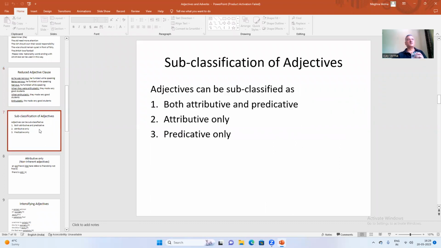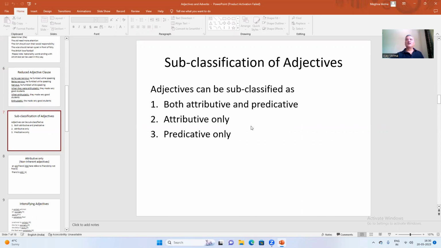Now next we come to sub classification of adjectives. We have already seen that adjectives can be subclassified as attributive and predicative. Now, on this basis, we can say that there are adjectives which can be both attributive and predicative. There are adjectives which are only attributive, and there are adjectives which are only predicative.